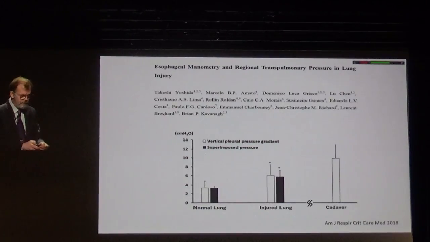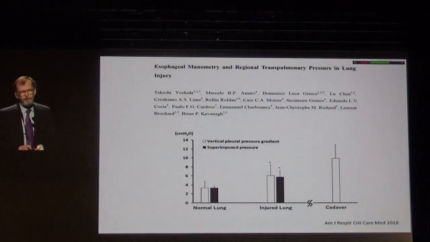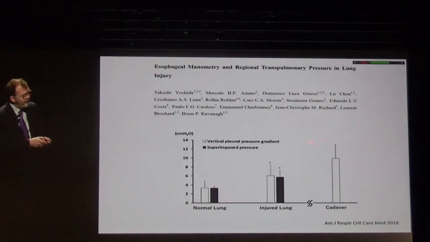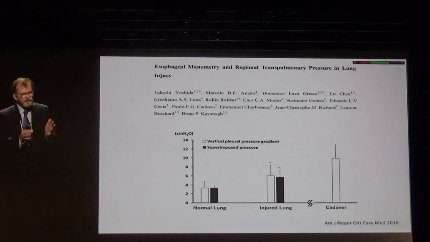And this slide is just to show that there is a gradient, which is small in normal lung in pigs, which is larger when you have injured lung, and it's in part related to the weight of the lung. And in human cadavers, it was around 10 to 12 centimeters of water, which is very much in line with what is suspected or measured in human ARDS, for instance.